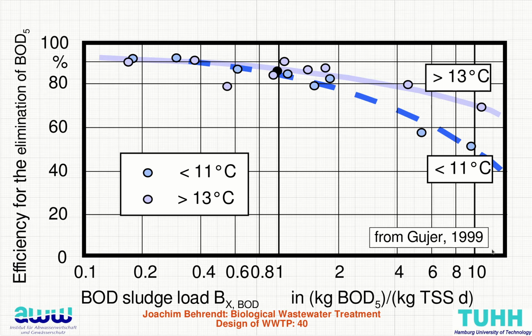And in this stage there is observed for different temperatures many wastewater treatment plants in Central Europe, and the elimination efficiency with respect to BOD5 is sketched. And there you see if this is smaller than 1 kilogram BOD per kilogram SS, then this is quite high.